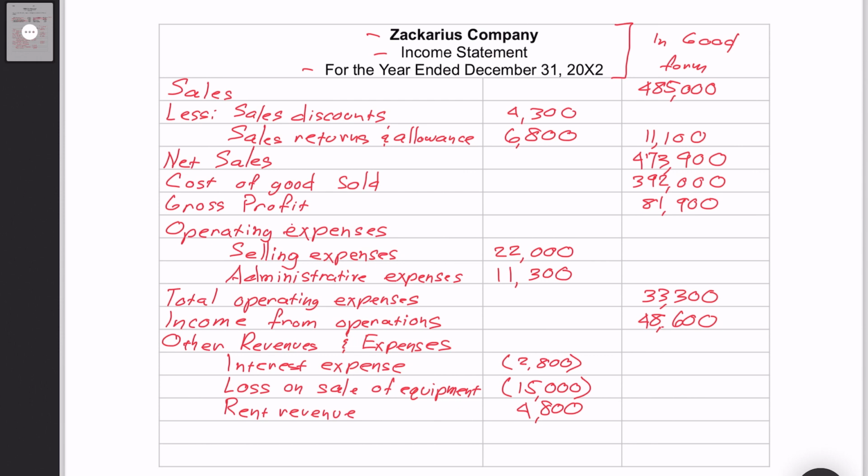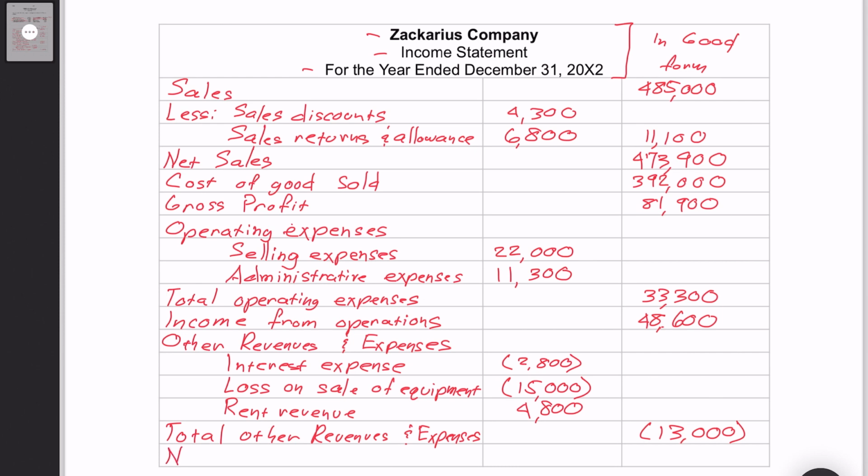Now we're going to let the user know that we're going to total up our other revenues and expenses. And because this is a total, we're going to go ahead and put it on the right-hand side. Now again, this is a sum total, so I have minus 2,800, minus 15,000, and plus 4,800. I'm going to come up with a combined impact to my income statement of a minus $13,000.